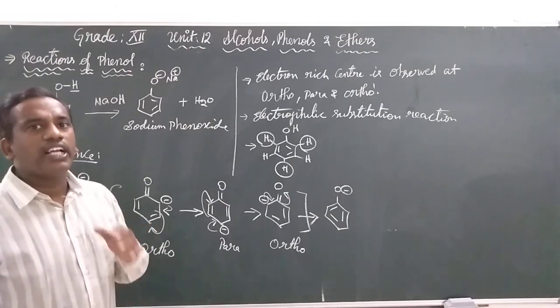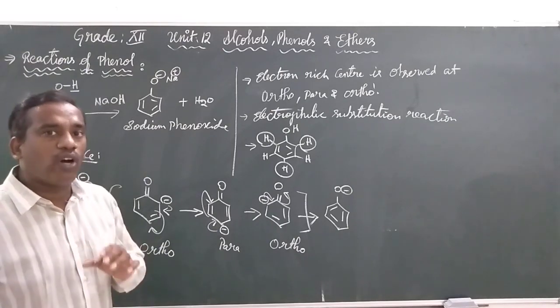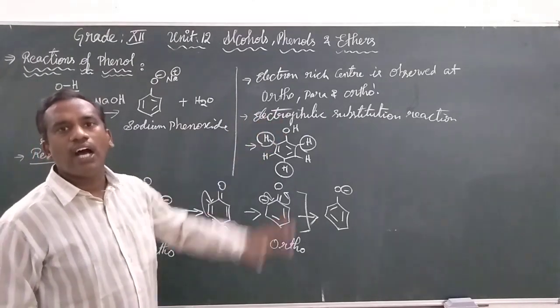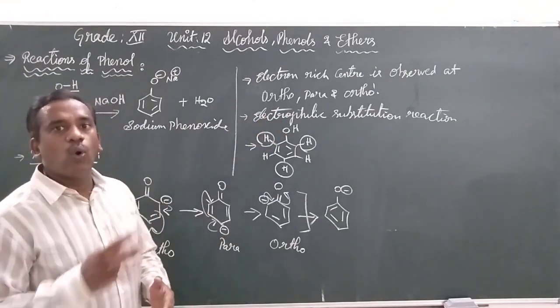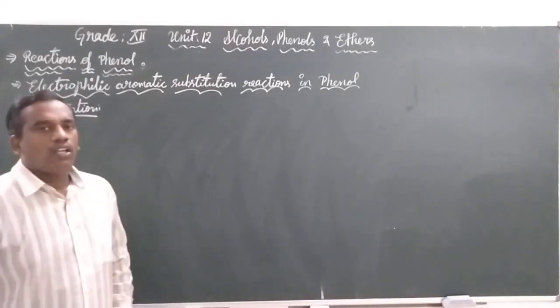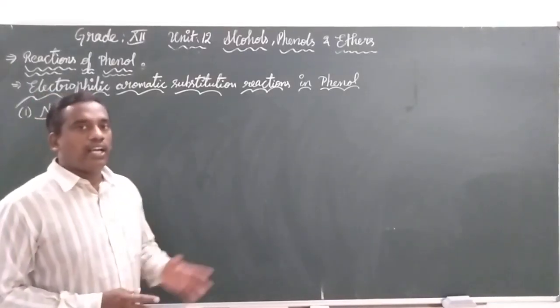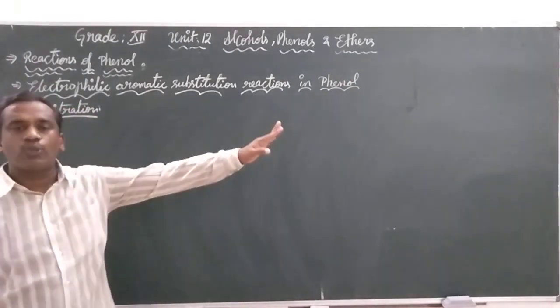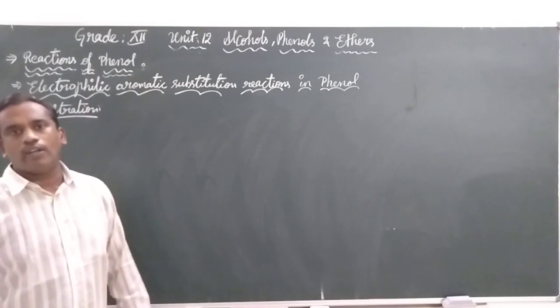Electrophilic aromatic substitution reaction. At what locations? At ortho, para and ortho dash. Let us see those reactions now. So let us see the electrophilic aromatic substitution reactions in the phenol.